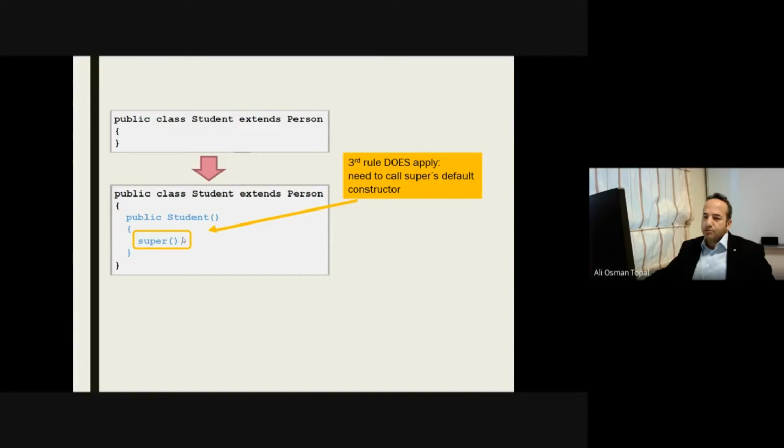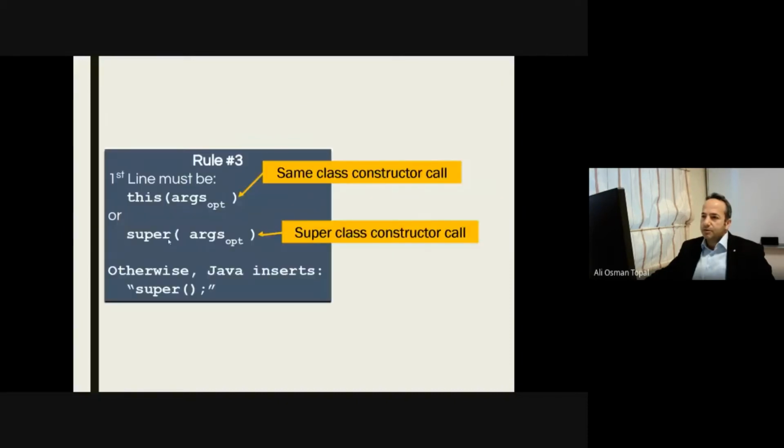I fail many students in midterm and final from here. Extra attention here. Rule number 3. First line must be a same class constructor, a superclass constructor, or Java is going to put the no argument super constructor.